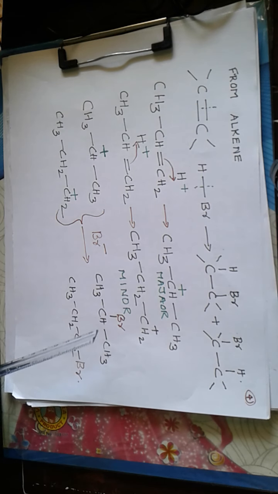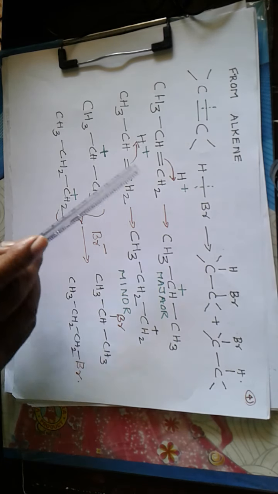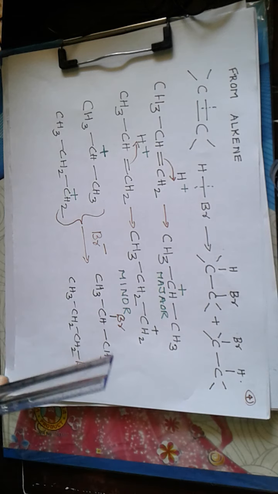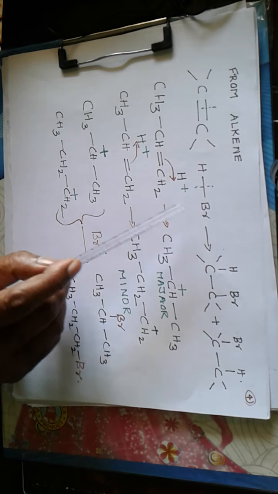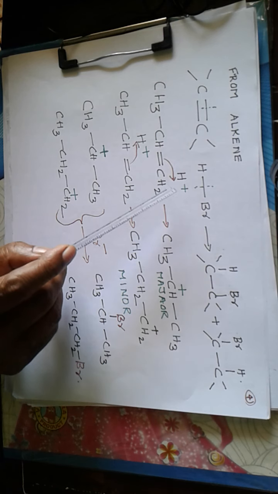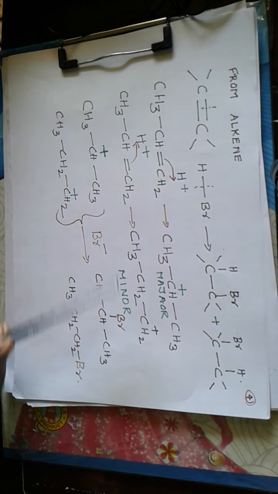This is the major product, so that the negative part is getting connected to that unsaturated carbon connected to the least number of H atoms. And the minor product will also be formed to some extent. Now here, initially, HBr ionizes to H positive and Br negative. Now HBr, being an electrophile, attacks the alkene structure.